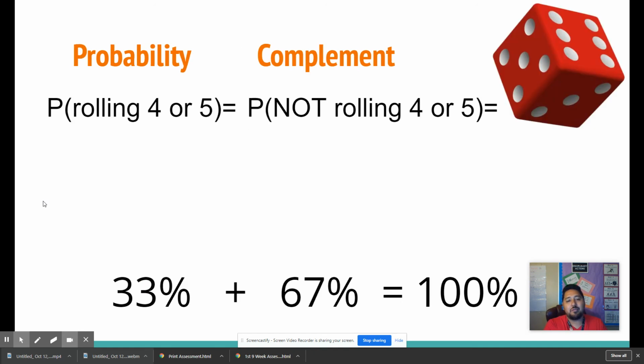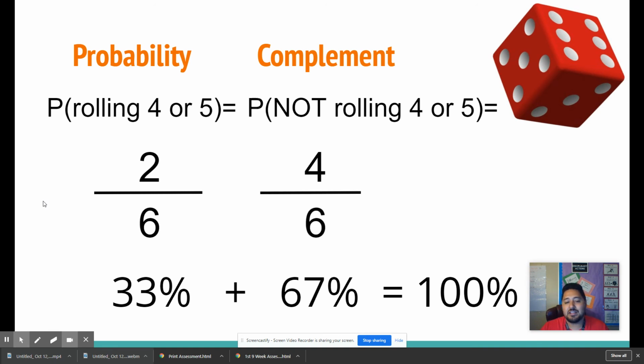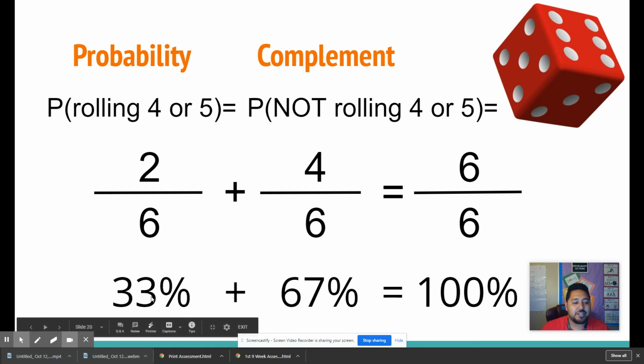And so when we look at the probability and its complement and the relationship between the two, complement means they complement each other. They ebb and flow together. They are opposites. So the probability of rolling a 4 or 5 and its complement is not rolling a 4 or 5. Let's look at that. So the probability of rolling a 4 or 5 is 2/6. Its complement is 4/6. And when I add those together, I'll get 6/6. So as a percent, it's 33%, and its complement is a 67% chance of happening.